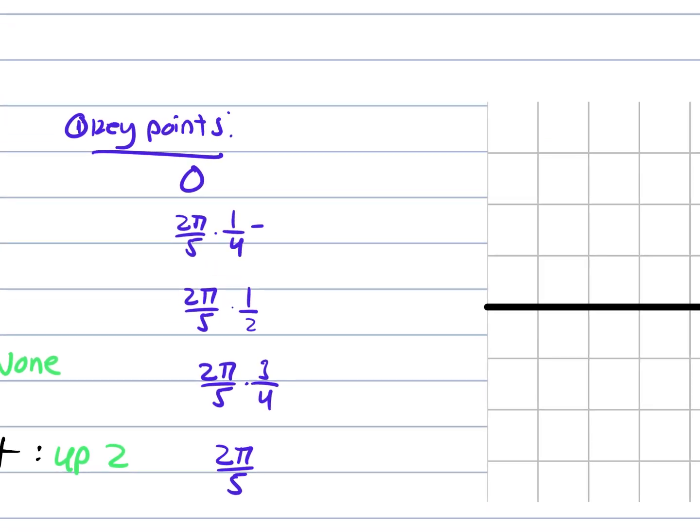All right. 2 pi times 1 is just 2 pi. 5 times 4 is 20. We get 2 pi over 20, which simplifies to pi over 10. All right, 2 pi times 1 is also 2 pi. 5 times 2 is 10. This simplifies to pi over 5, right? 2 and 10 can simplify. You can also cross cancel for all of these.